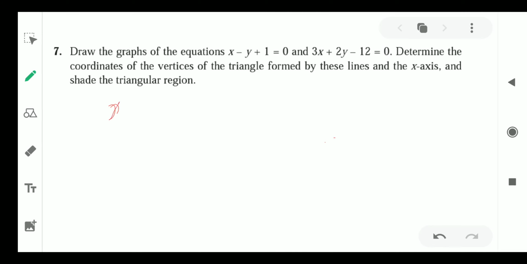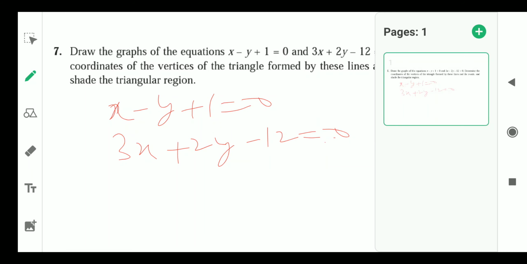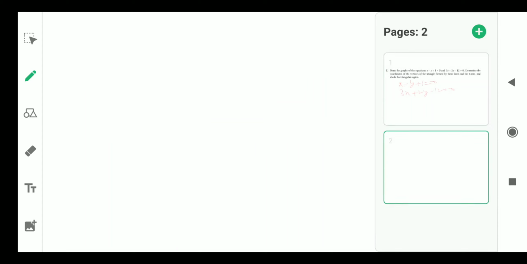So x minus y plus 1 is 0, and 3x plus 2y minus 12 is 0. Okay, now just multiply the first equation, x minus y plus 1, with 3, so this becomes 3x minus 3y plus 3 is equal to 0.